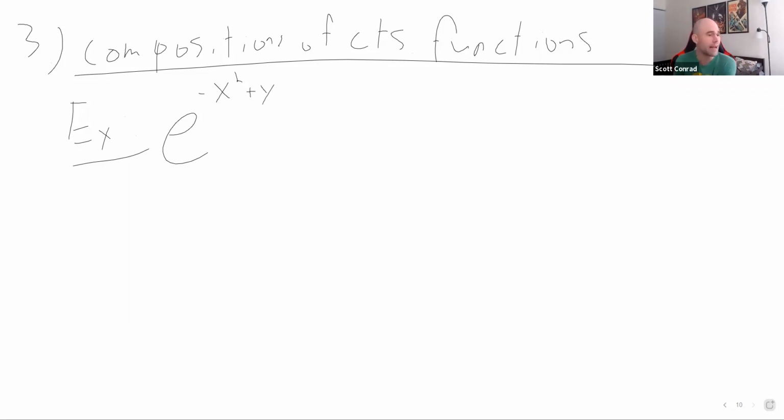So for example, e to the negative x squared plus y. So e to the x is a continuous function of one variable, e to the something.